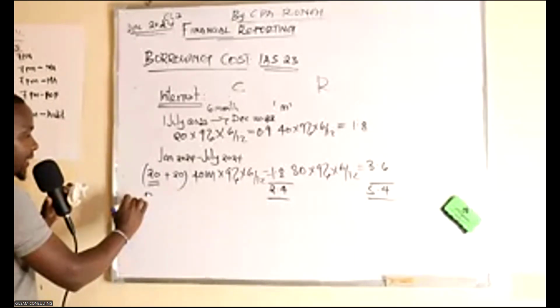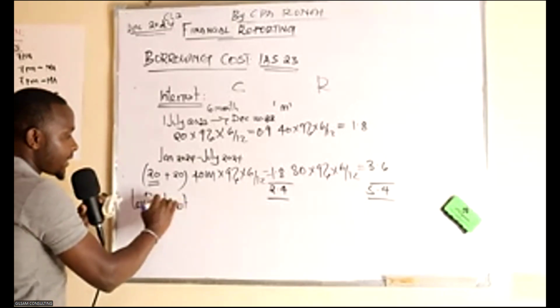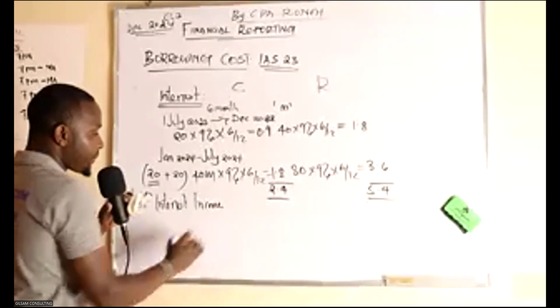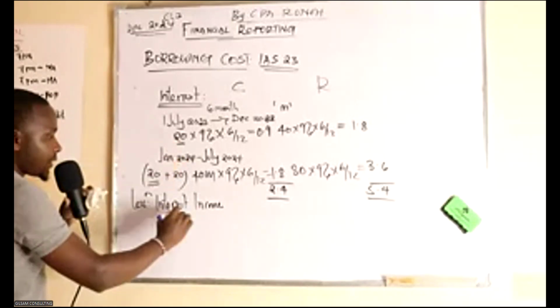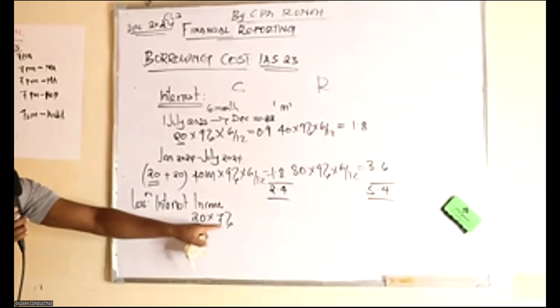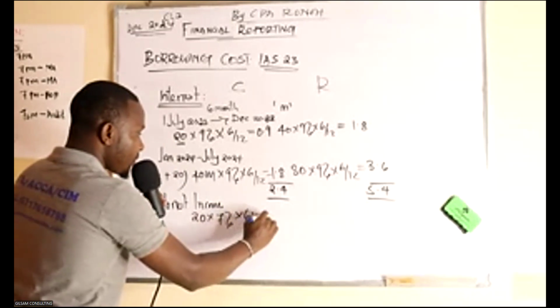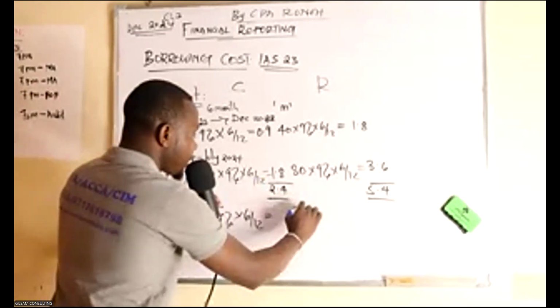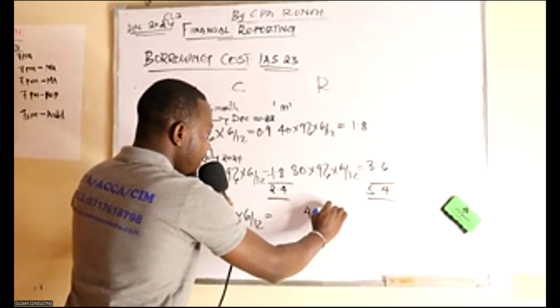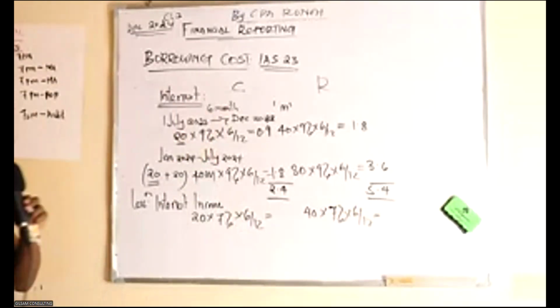So the interest, I will come and say less the interest income. The interest income is 20 million times 7%. That is the rate of the interest. We multiply by 6 months. The other one will be 40 times 7% times 6 over 12. So how much does that give us? Who has a calculator?